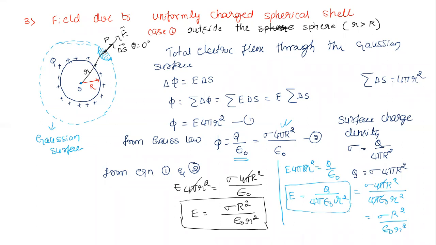Yes or no? Means we are getting to know that now this charge on the entire sphere is acting like the total charge is concentrated at the center. This is the Gauss law for what now? Outside the sphere. Okay, so this is clear to all of you now, outside the spherical shell, students.